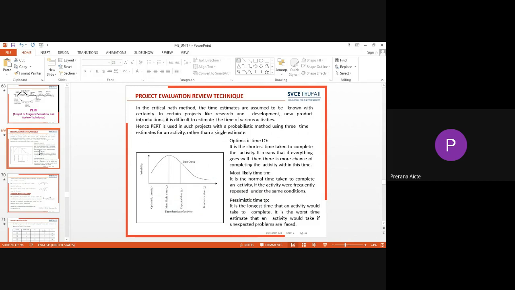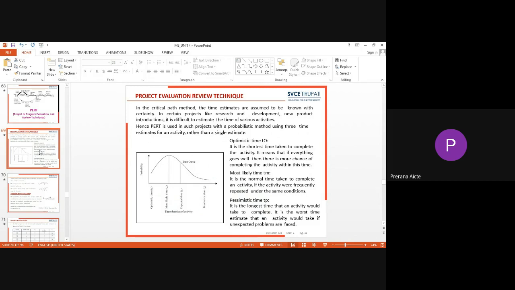Whereas most likely time is the time taken at the normal pace for completing an activity. So that type of time estimate is considered to be most likely time. And coming to the pessimistic time, it is the longest time that an activity would take to complete, and it is also considered the worst time estimate that an activity would take if unexpected problems are faced.